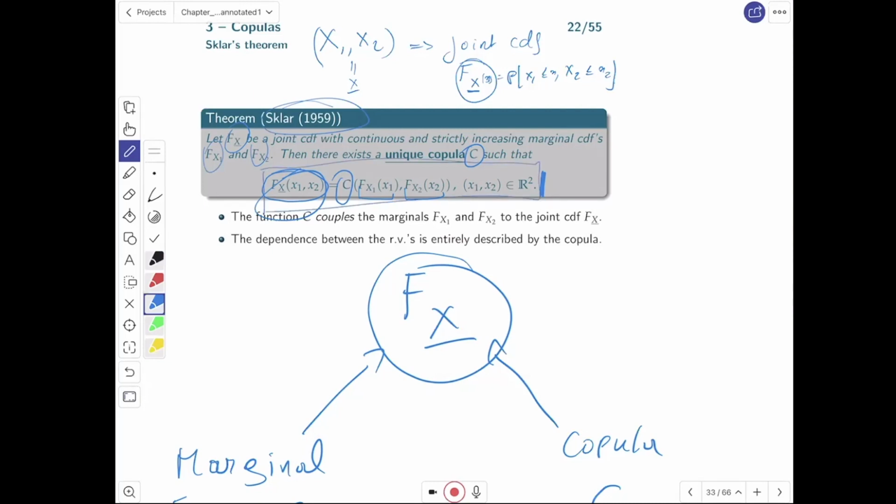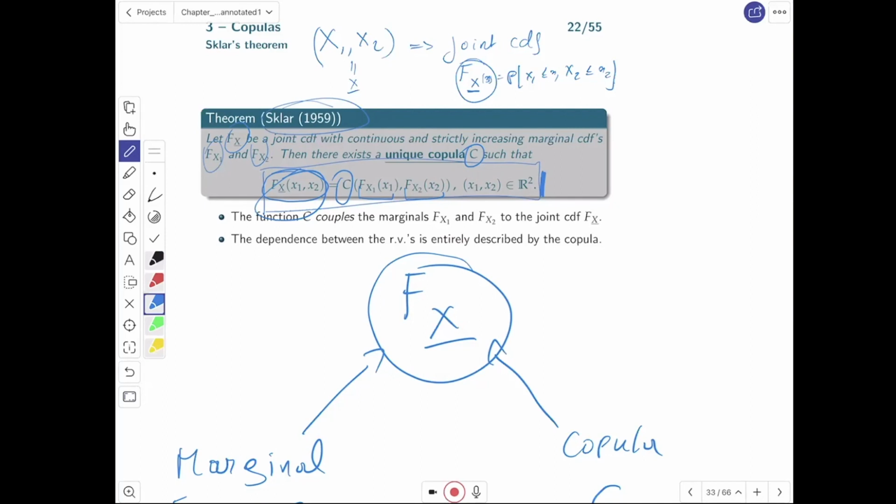So it means that the copula function really tells you what the dependence is. Dependence is fully contained in the copula. Marginal information is fully contained in F_X1 and F_X2. Right? So that's the importance of Sklar's theorem. It tells you how to decompose your joint CDF. That's good.